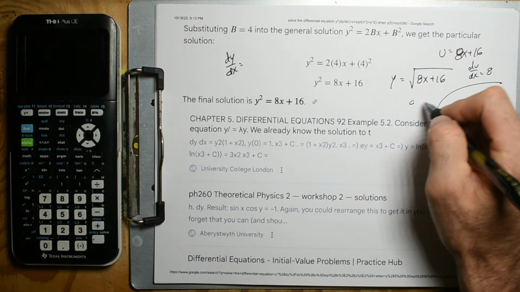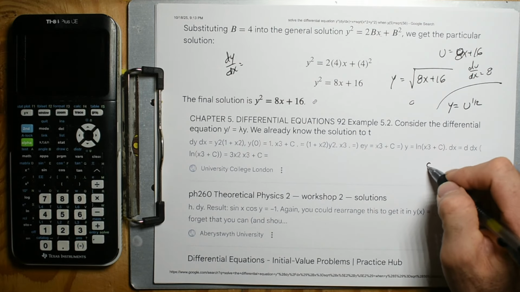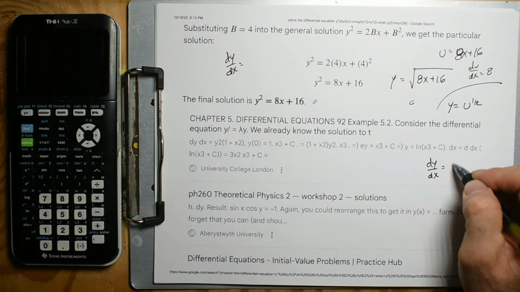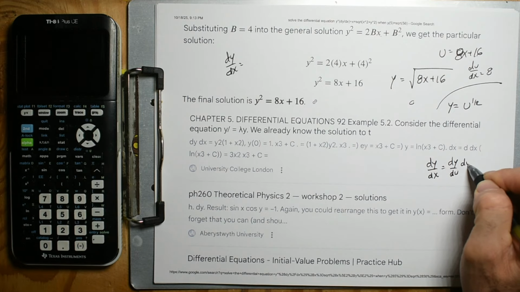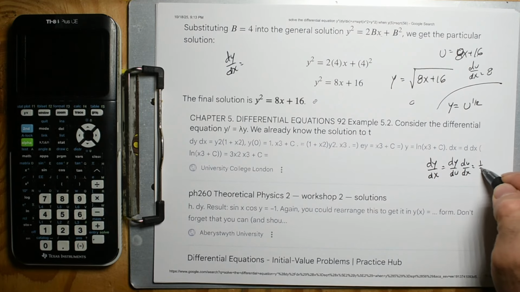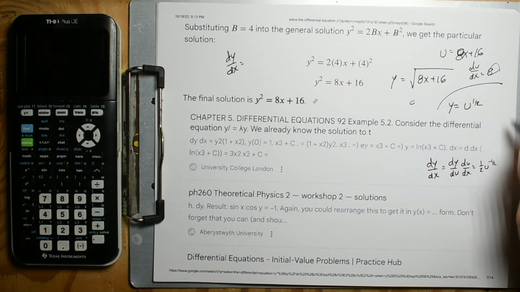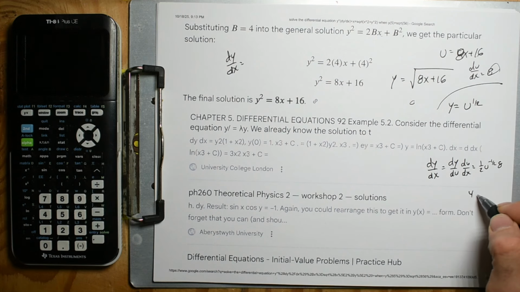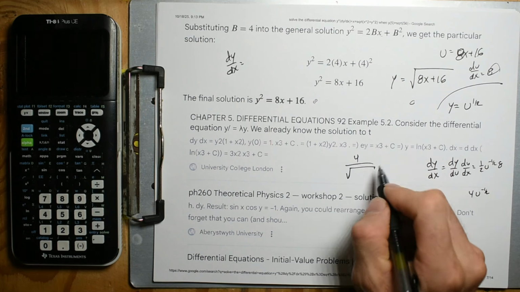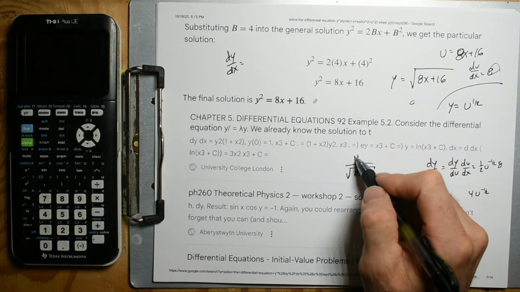And then I'm going to say y is equal to u to the 1/2, and I'm going to take dy/dx, there isn't an x here, is equal to dy/du times du/dx. And so dy/du is going to be 1/2 u to the negative 1/2. du/dx is going to be 8. And so we're going to have 4 u to the negative 1/2, which is 4 divided by the square root of 8x plus 16. And so that's what we have.